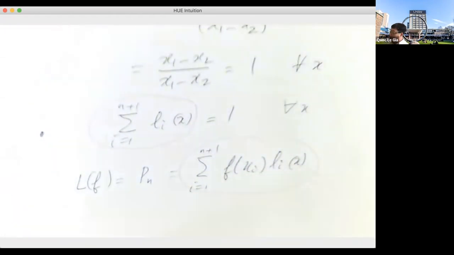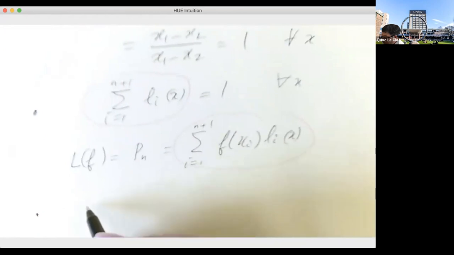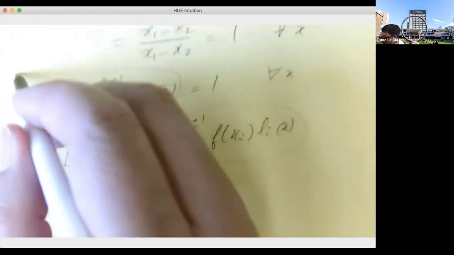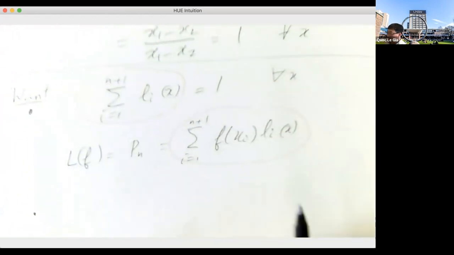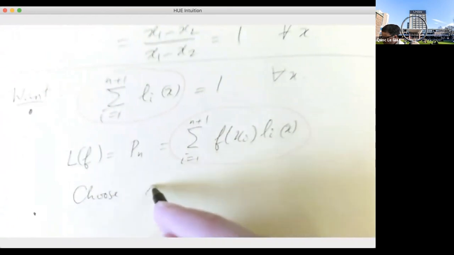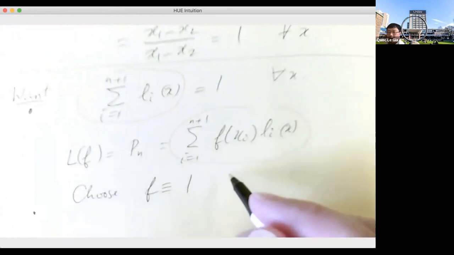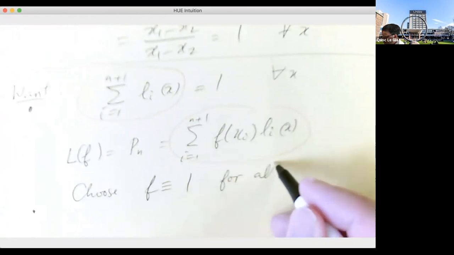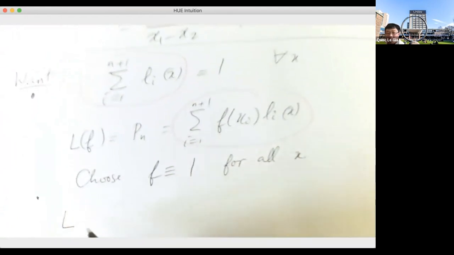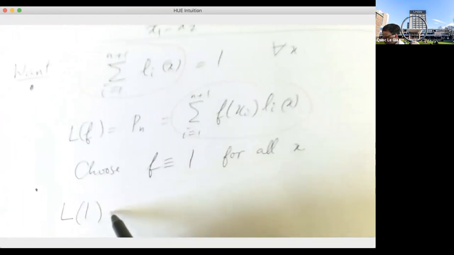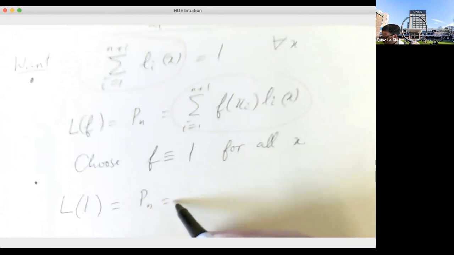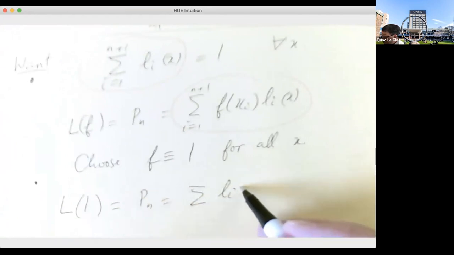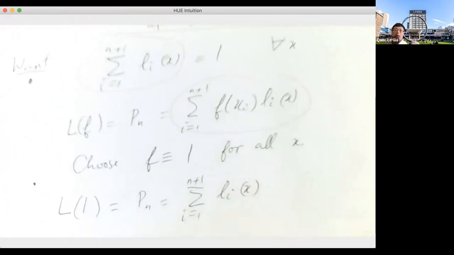If you choose f equal 1, this is what I want. So if I choose f to be 1 for all x, then I have L of 1, which equals Pn, which equals the sum of 1 times Li of x.